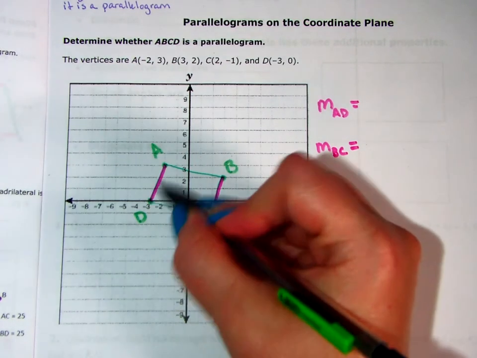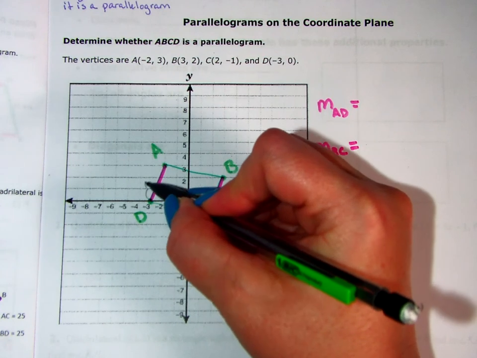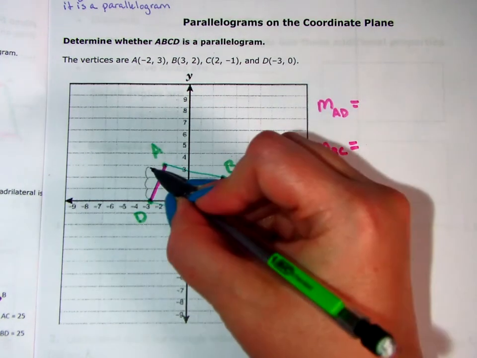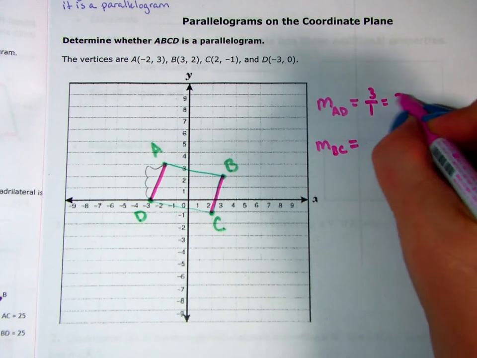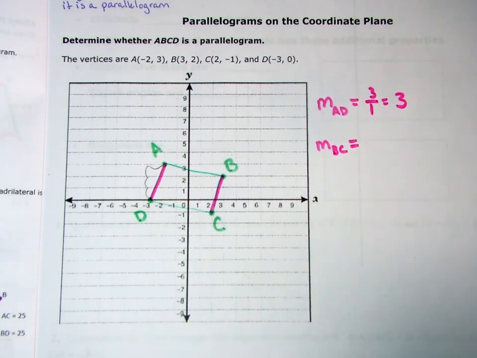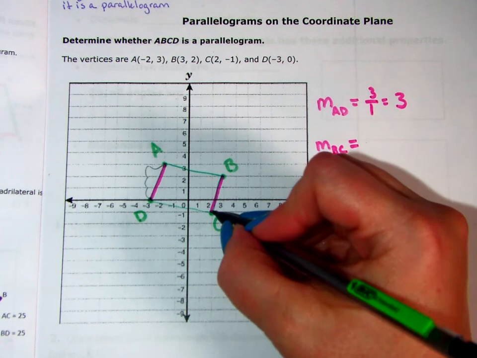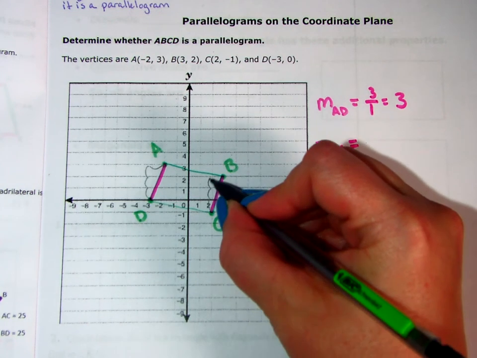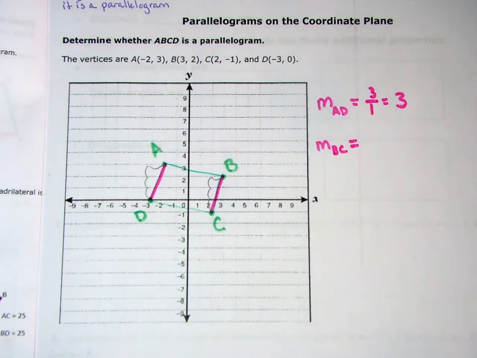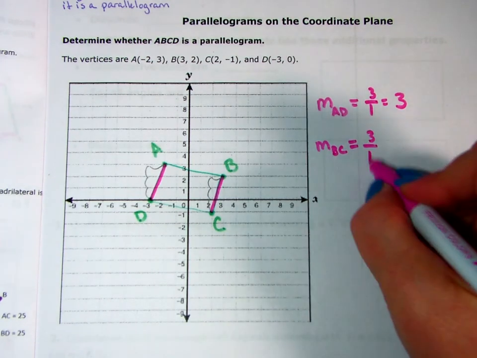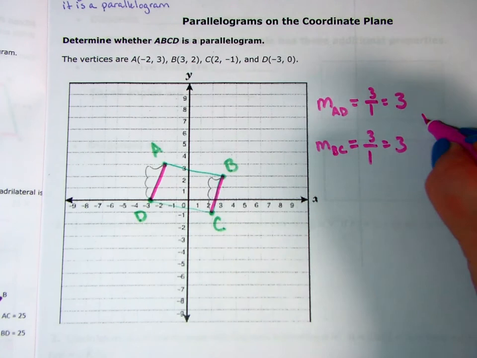How much am I rising? 3. How much am I running? So 3 over 1, or 3. From B to C, how much am I rising? 3. How much am I running? 1. So it's also 3 over 1, which is 3. So these are parallel.